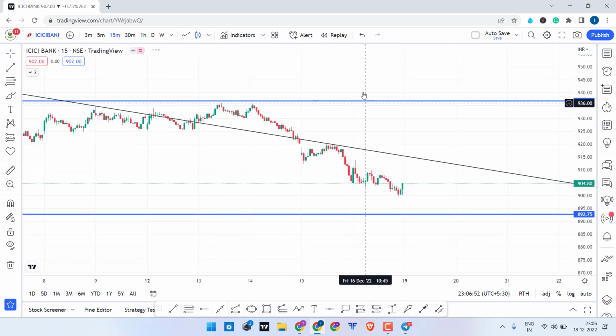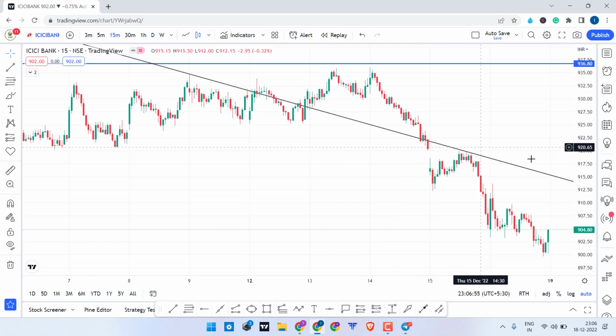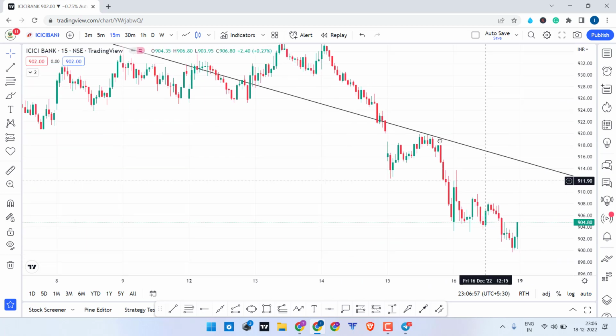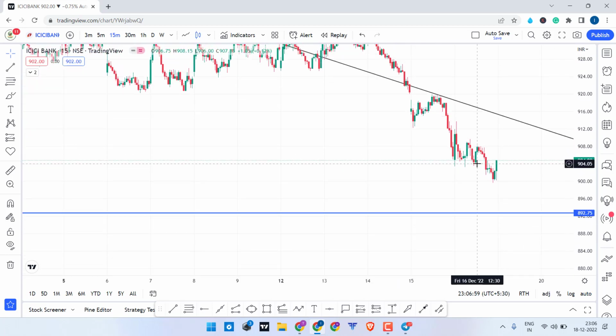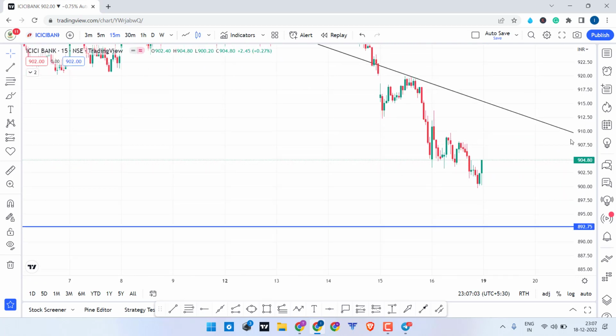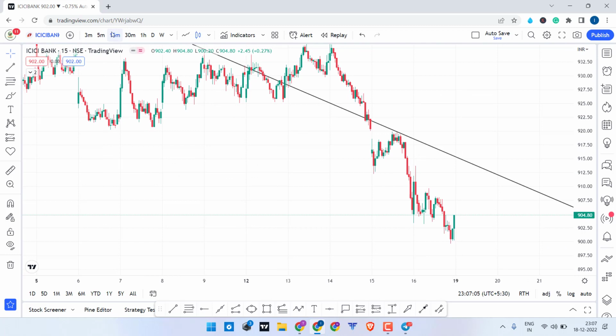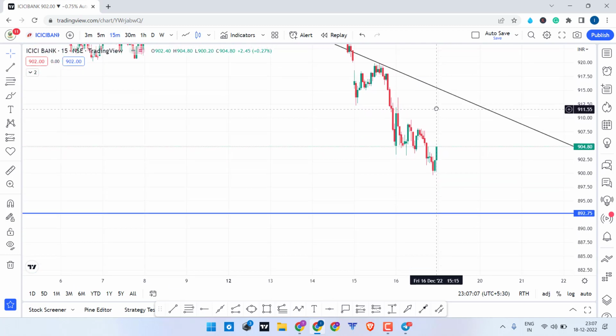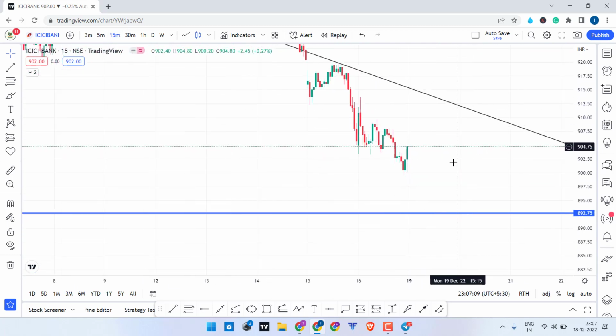As per our lower time frame, which we have discussed, the trade execution time frame for intraday is 15 minutes. So now I switch to 15 minutes, you can see here, and my trade will be something like this.